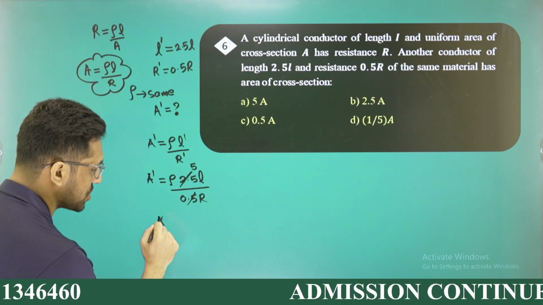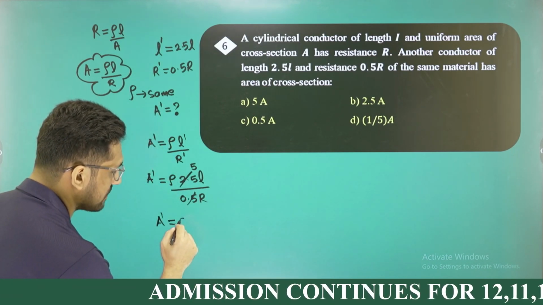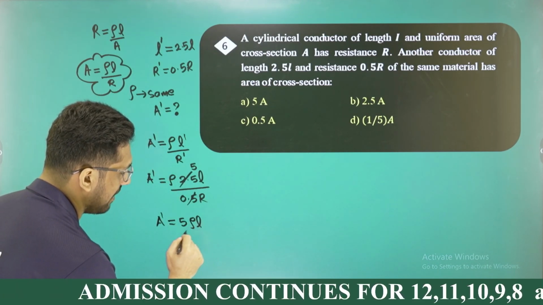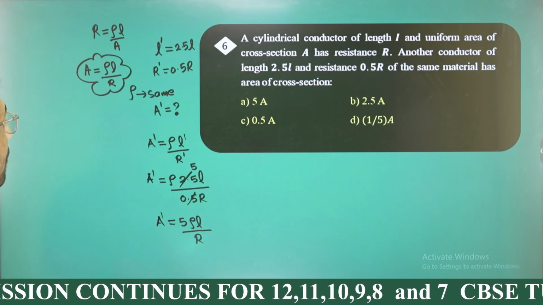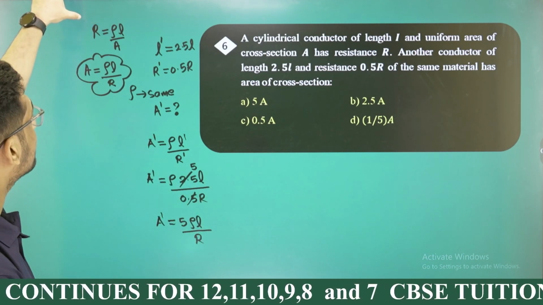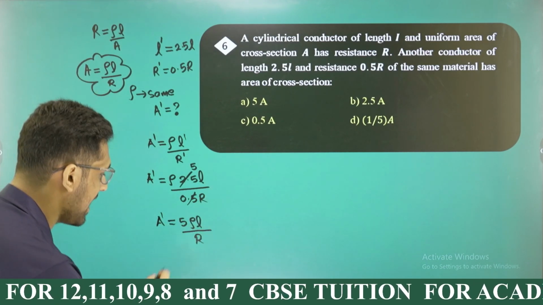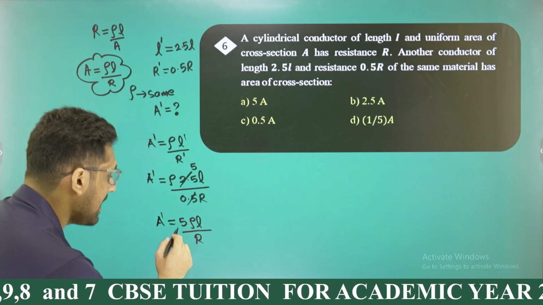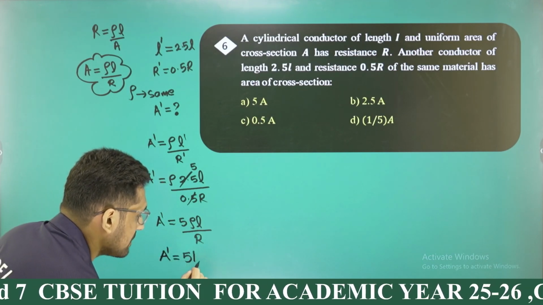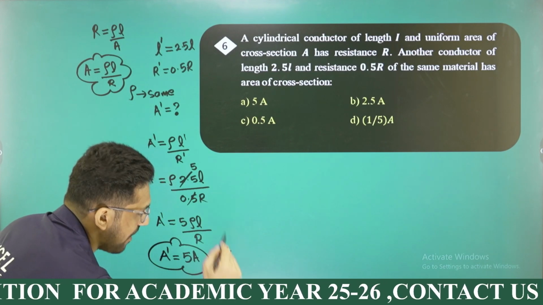Then A dash is equal to 5 rho L by R. Rho L by R is A. That means our A dash, the new area, is 5 times the old area.